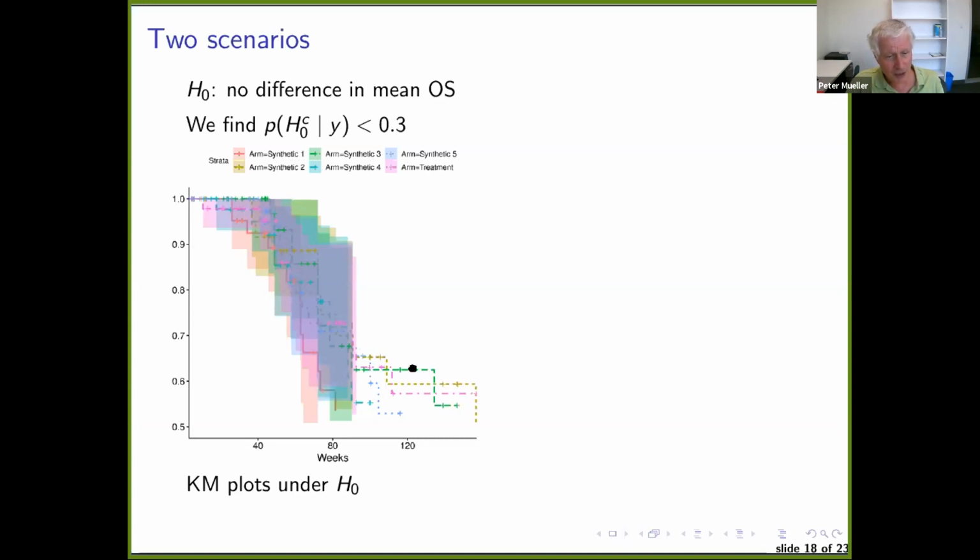The 5 other plots in that Kaplan-Meier plot are 5 different synthetic treatment arms where we simply repeated the procedure 5 times. So, 5 possible realizations of the synthetic treatment arm, and by construction there should be no treatment effect. And sure enough, there is kind of no treatment effect. It's not perfect. With a little bit of fantasy, you can see some treatment effect out at 80 weeks or so.